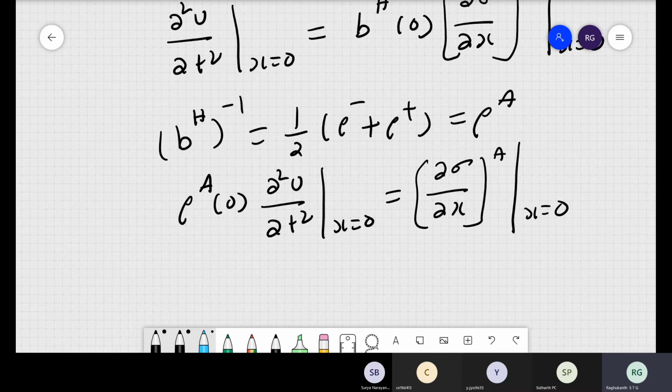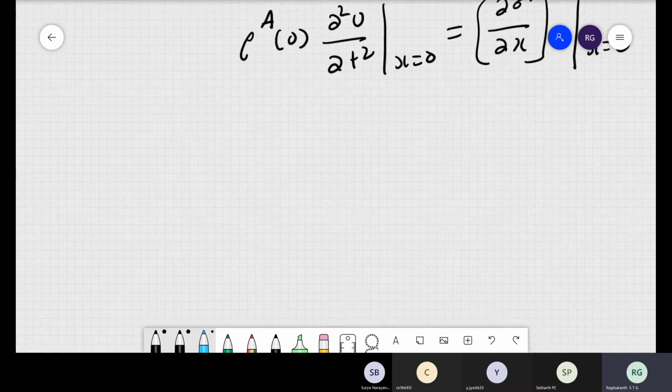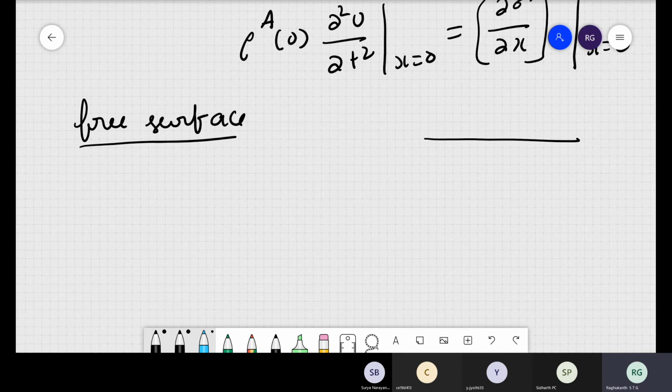And now when you are having a free surface, how do you write the boundary condition? Suppose this is our free surface, and you are having a medium here, this is free, like the earth.